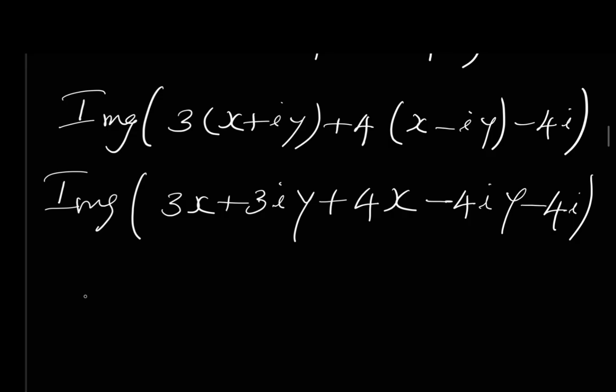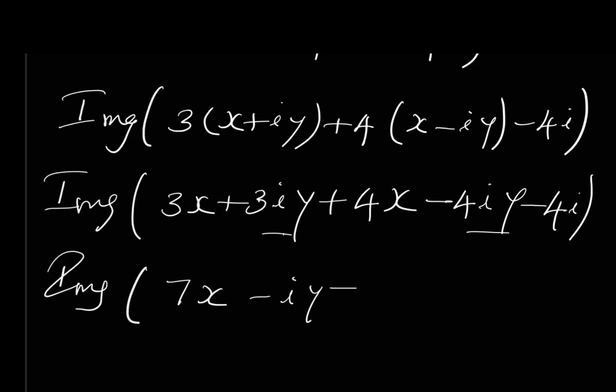I multiply with 4. So imaginary of, collect the real part, 3x plus 4x is here 7x. And see the imaginary one, 3iy minus 4iy, you will get similar terms. So here you will get minus iy one time, minus 4i.